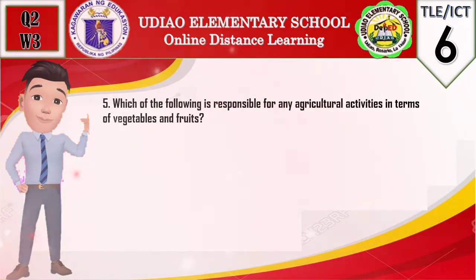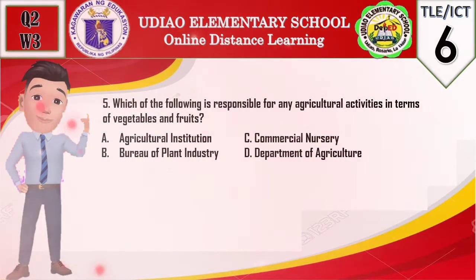Number 5. Which of the following is responsible for any agricultural activities in terms of vegetables and fruits? A. Agricultural institution. B. Bureau of Plant Industry. C. Commercial nursery. D. Department of Agriculture.